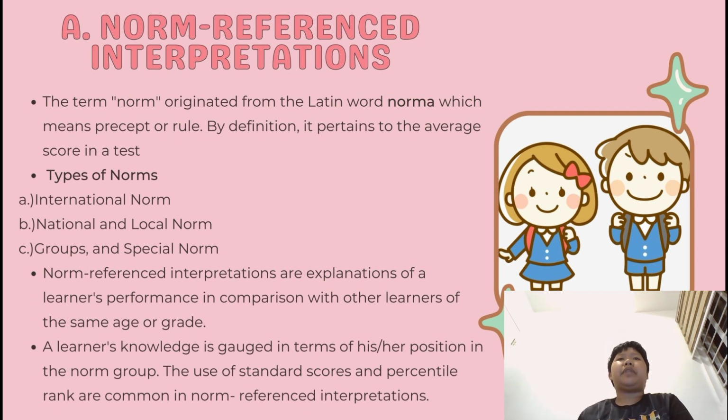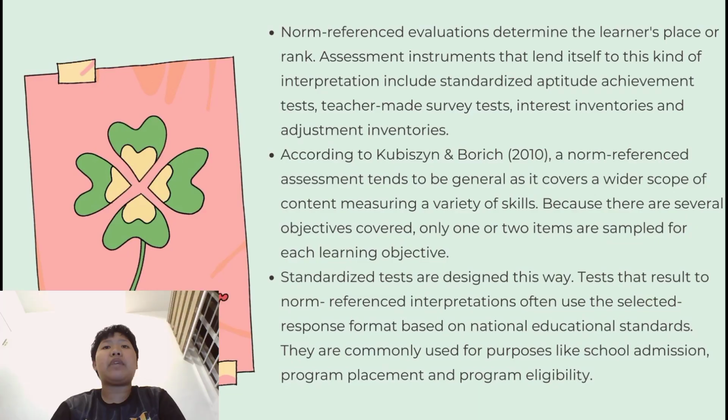Norm reference interpretation. Scores show how a person compares or compared to the initial planning population. People's scores are compared to those of other people. Relative standing is used for interpretation, with little focus placed on the exact amount of knowledge; the instrument must possess the necessary expertise to make variations between people.